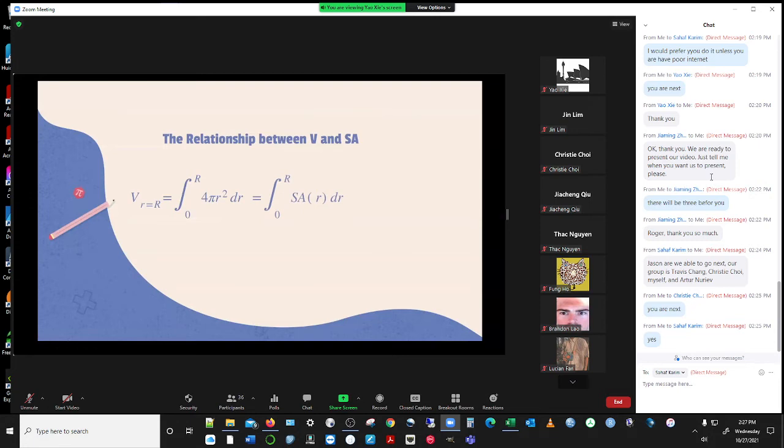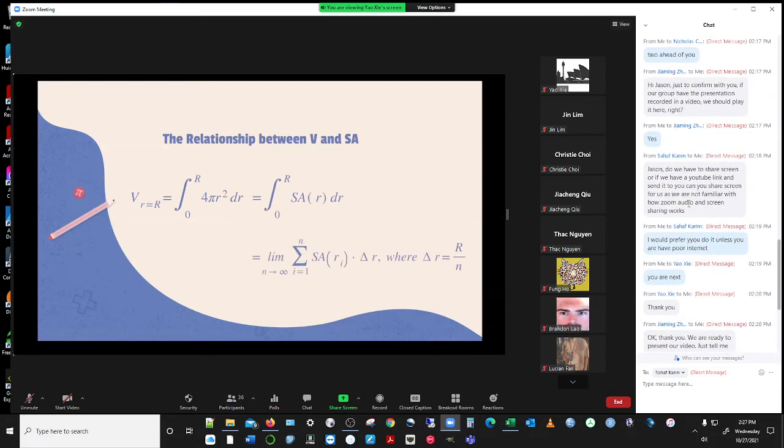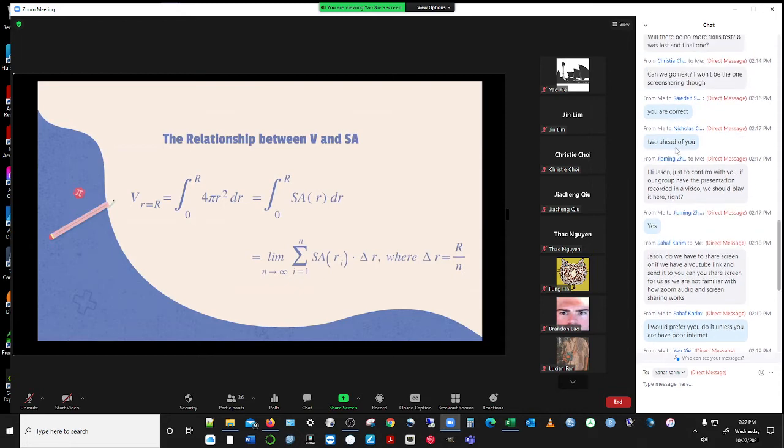This integral can then be interpreted as saying that the volume of a sphere with radius r can be found by summing over infinitely many surface areas, each with 4 pi r squared, multiplied by the incremental change in r, or delta r, from 0 to the radius.